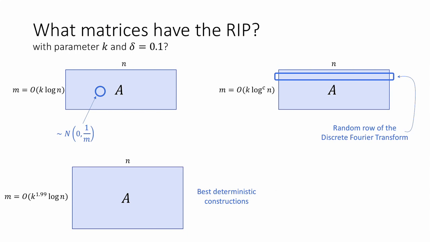As a side note, understanding exactly the number of rows you need for this to hold with high probability is one of my very favorite open questions. Great, so that gives us two random ensembles of matrices which, with high probability, have this nice restricted isometry property.